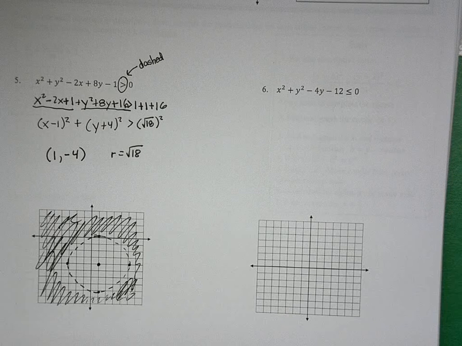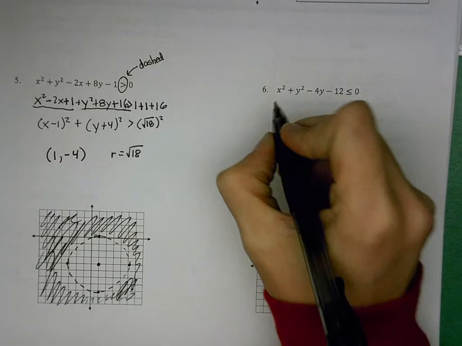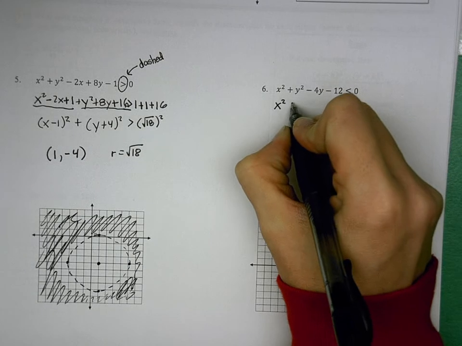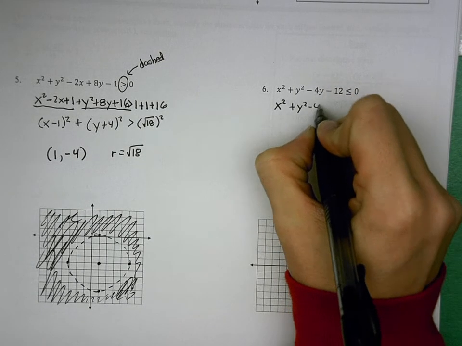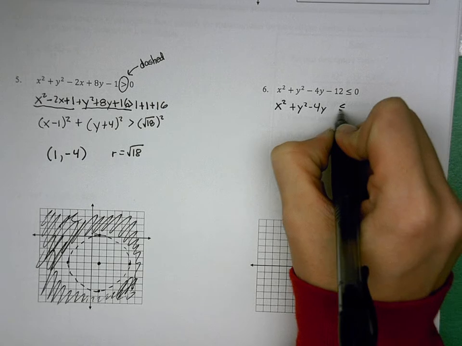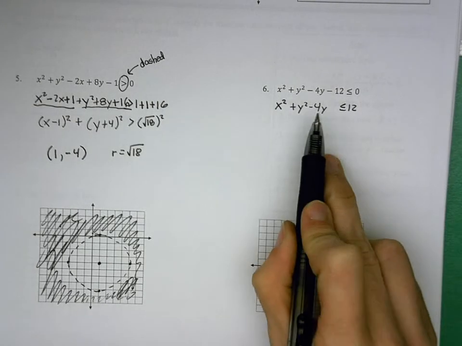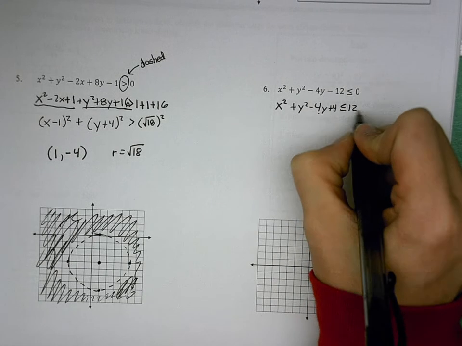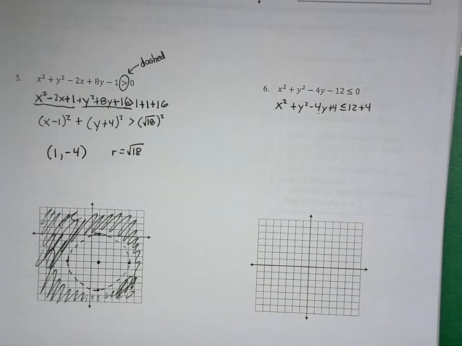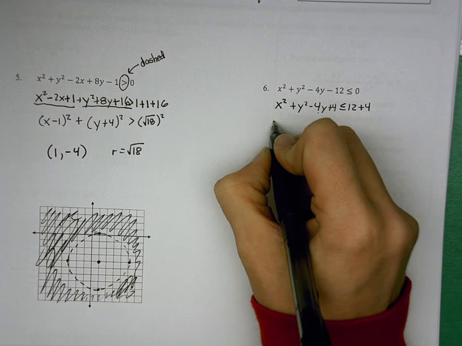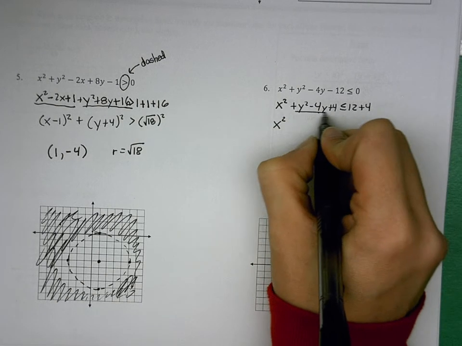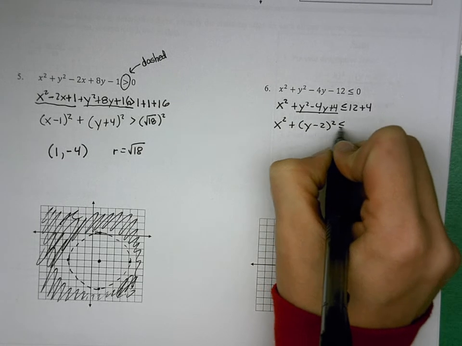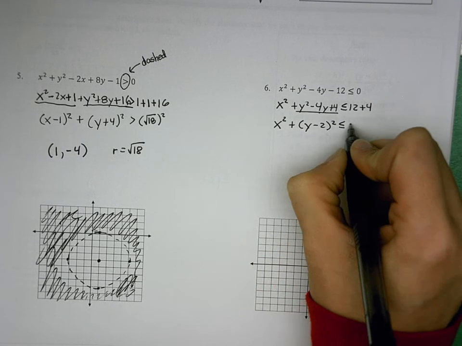Okay, so number 6, we have x squared plus y squared minus 4y. Negative 12 is going to get added to the other side. Half of negative 4 is negative 2, squared is positive 4. Have to add 4 to the other side as well. So now we have x squared plus, and this factors to, (y minus 2) squared is less than or equal to 16, which is 4 squared.